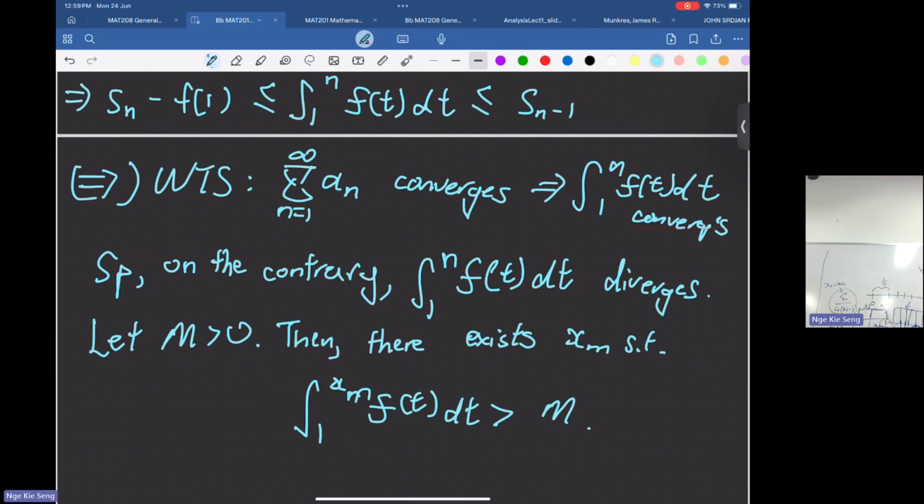Yeah, because this integral cannot diverge by oscillating like 1, negative 1, 1, negative 1, because our integral is adding up positive area. So it is increasing. Does it make sense? So when it diverges, it must diverge to infinity.